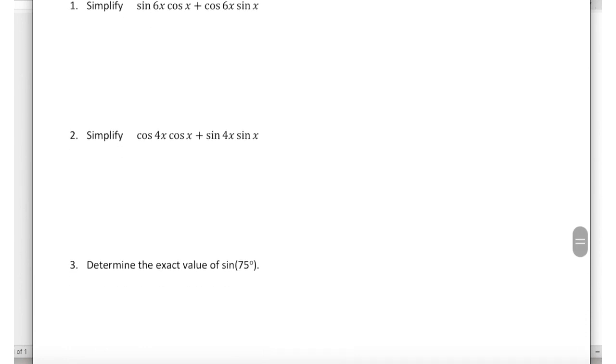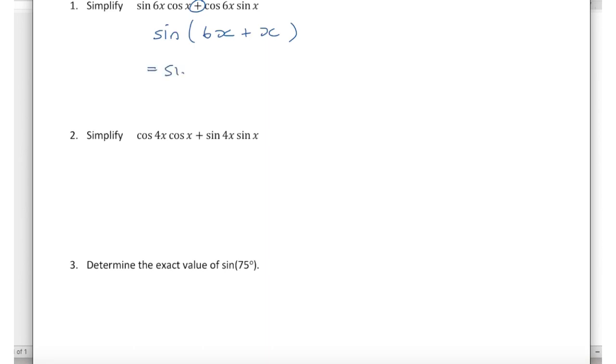So let's have a look at a couple of quick examples. If you saw sine 6x times the cos of x plus cos 6x times the sine of x, what is that actually representing? Well, we can clearly see that we've got the sine angle sum happening here. So really this is just the same as sine of 6x plus x, because it's got the plus here, and we've got the sine times the cos and cos times sine.